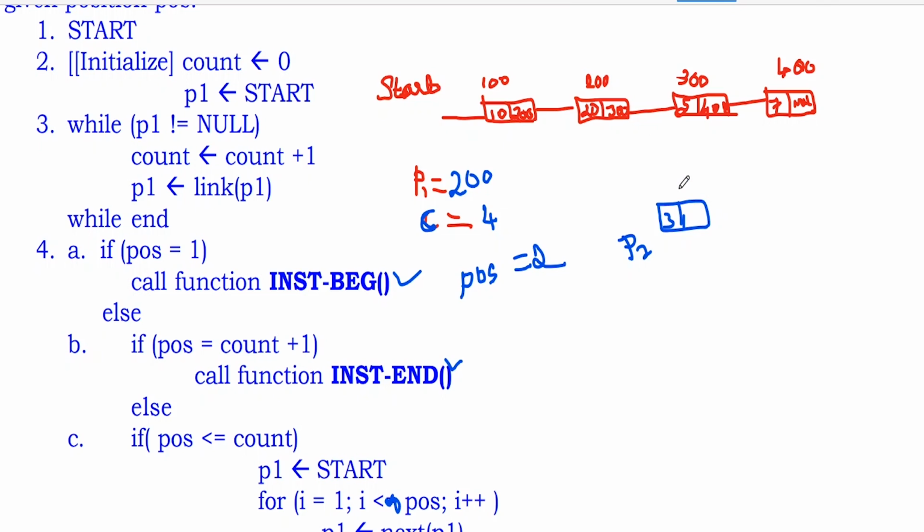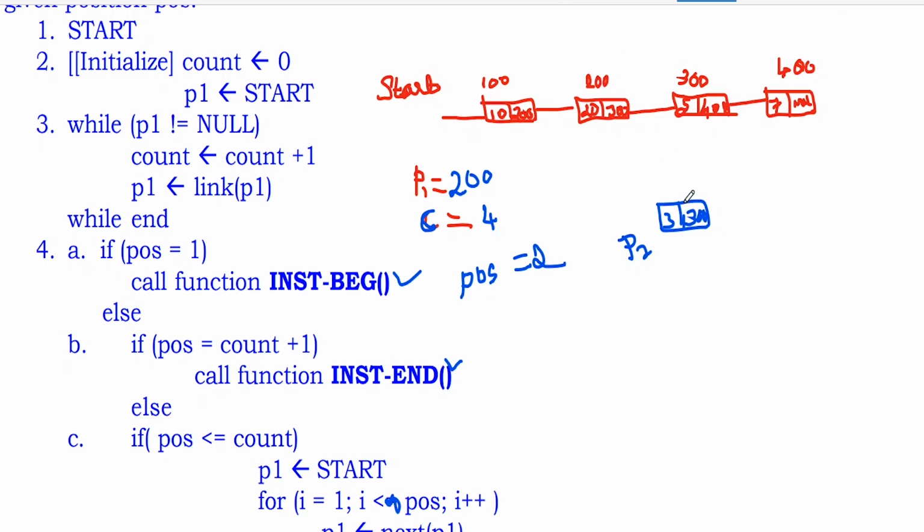So when I copy this 300, which is present here, I am going to store that 300 in the new node. That is, link of P2 equals link of P1.